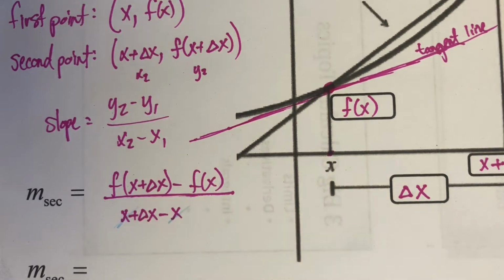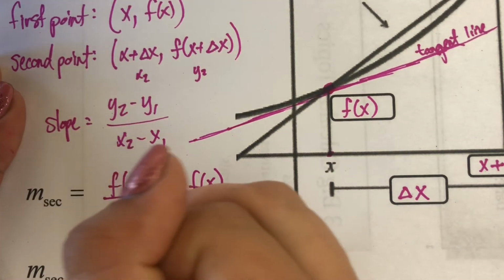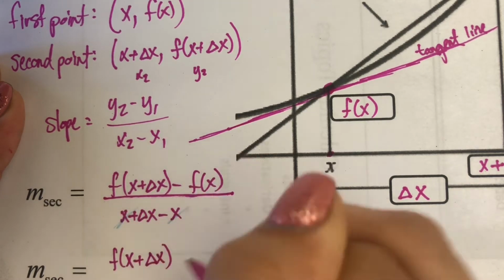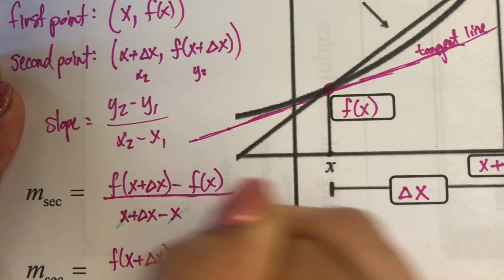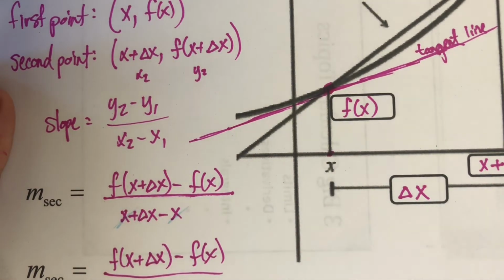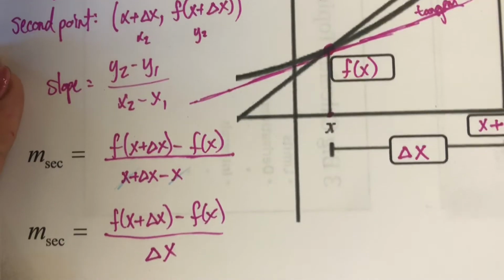Instead of canceling, I should say they subtract to 0. So I'm going to simplify the slope as f of x plus delta x minus f of x, I'm just copying over the numerator, and on the denominator is delta x. That's the slope of the secant line.